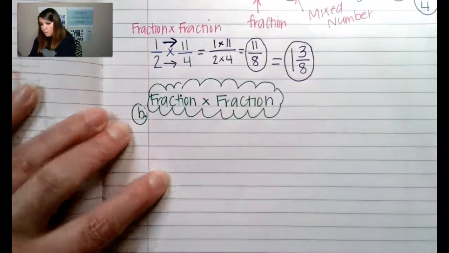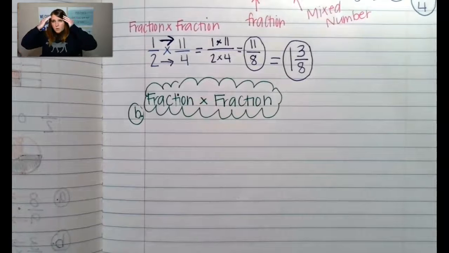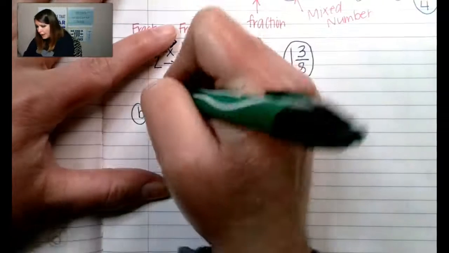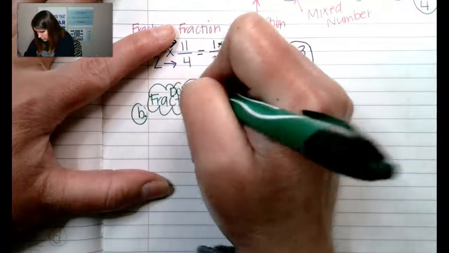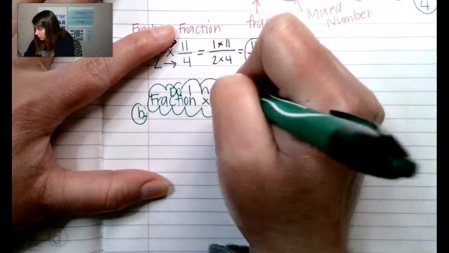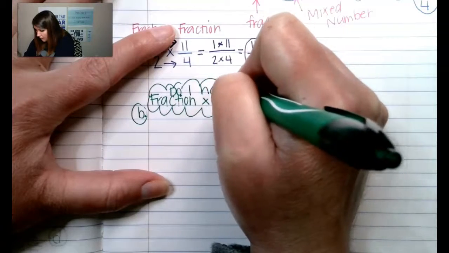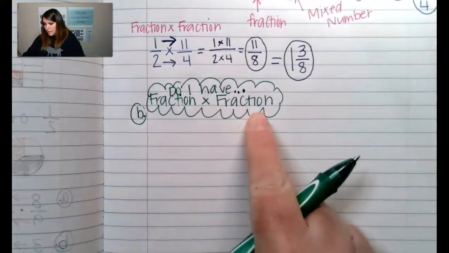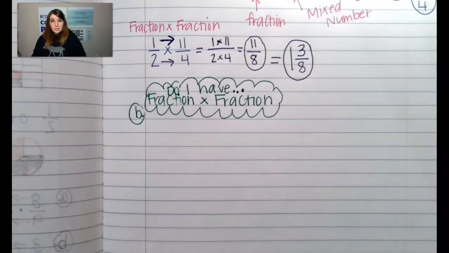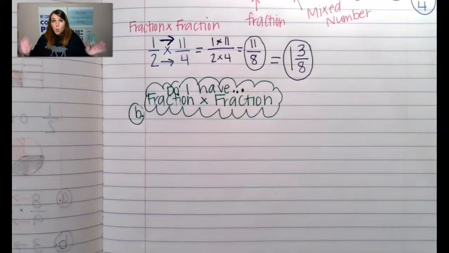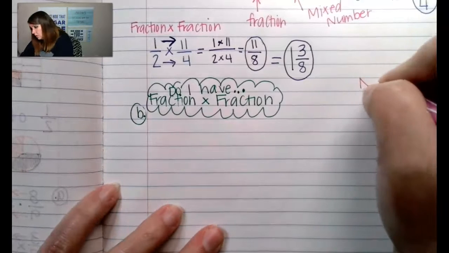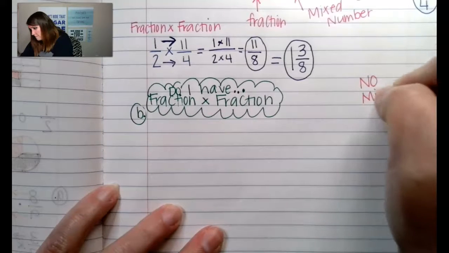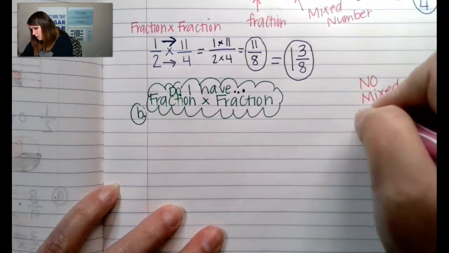I'm going to put that in a thinking bubble because that's what I want to be thinking. Do I have a fraction times a fraction? If the answer is no, I need to make a fraction and a fraction, not a mixed number. I don't want any mixed numbers, okay? So maybe out here, we'll just go like this. No mixed numbers.